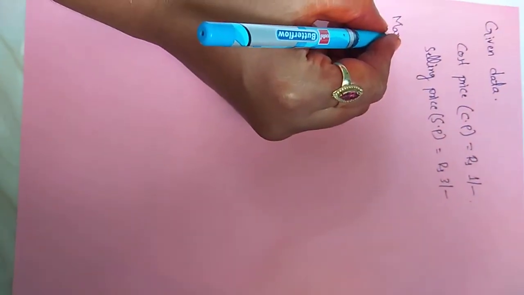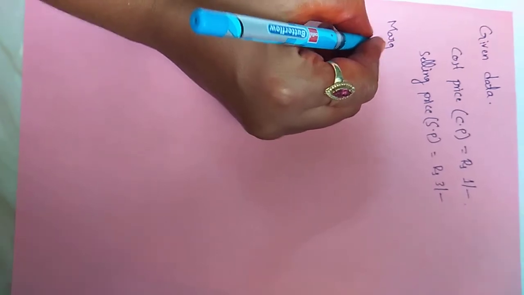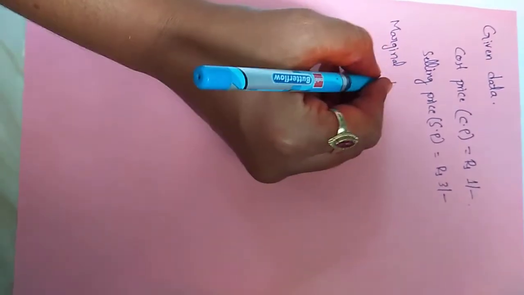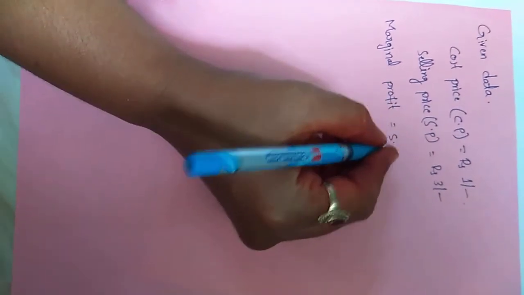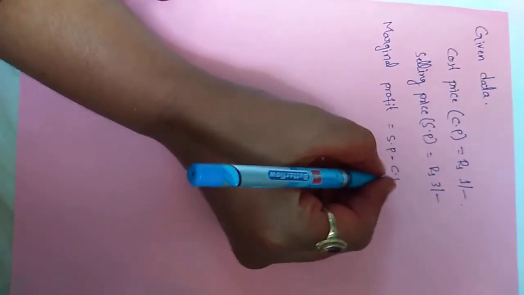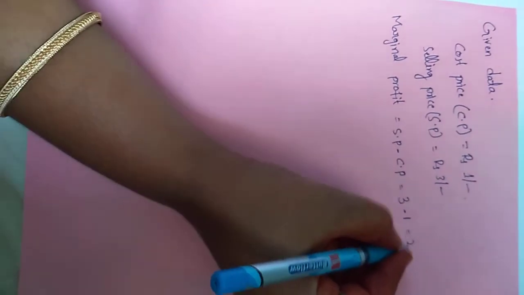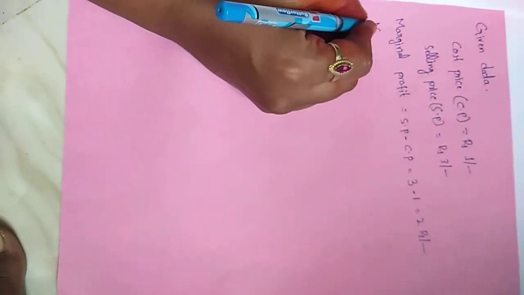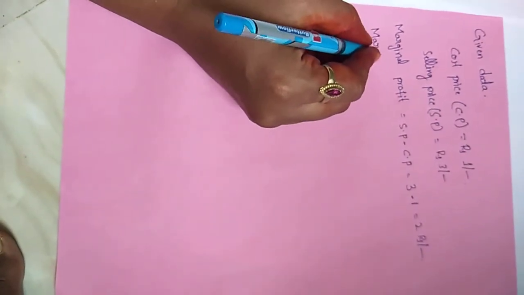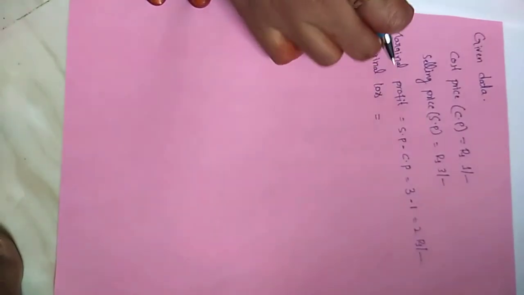Next we have a formula here: marginal profit is equal to SP minus CP, that is 3 minus 1, equals 2 rupees. Next, marginal loss.